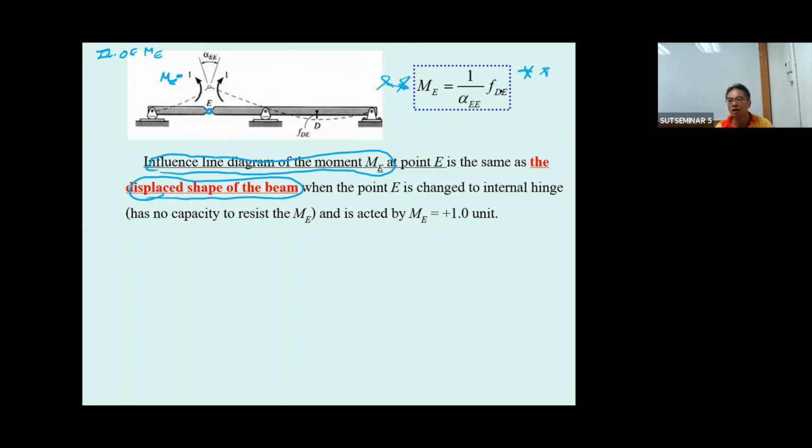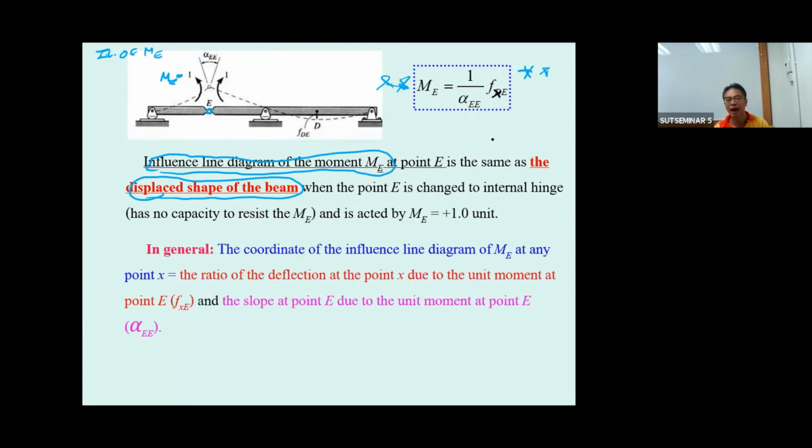And then you change the point D into any point. So just change this one to H and you can write this general form.